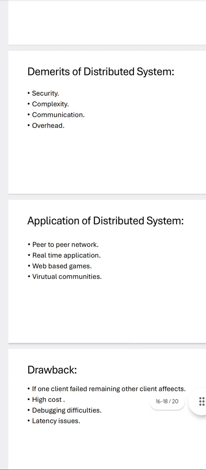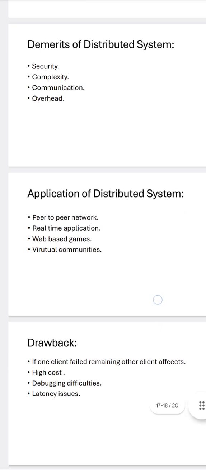We have seen peer-to-peer communication, so that network is also one of the applications. Next, real-time applications. We have seen real-time OS. Based on that, some of the applications are used in distributed systems. Web-based games and virtual communities are also applications of distributed system.